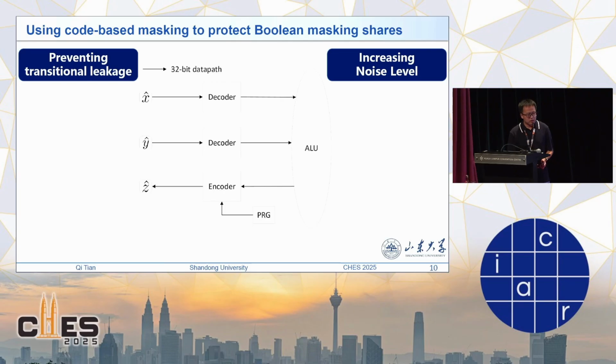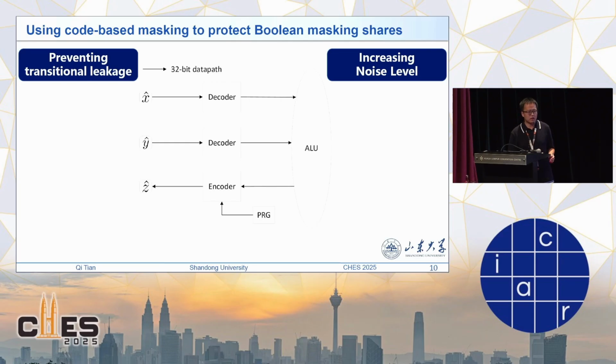This figure shows a simple view of connections between components in the processor. We assume X-hat and Y-hat are two protected Boolean shares, and our goal is to compute Z-hat equals X-hat XOR Y-hat. First, X-hat and Y-hat are decoded to get their unprotected Boolean shares, and then the ALU computes the result, and finally, the result is encoded to get Z-hat.